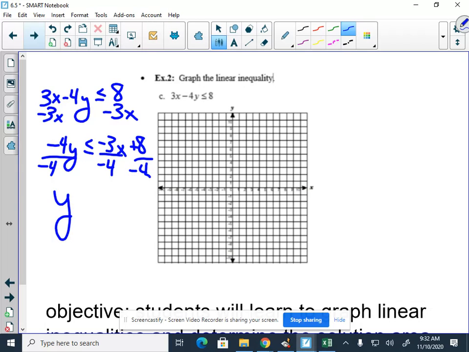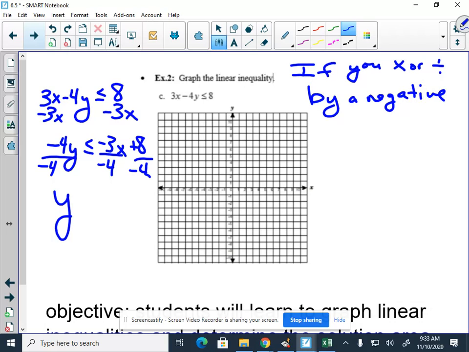Now, there's a rule with inequalities. If you add or subtract, it doesn't change the signs. If you multiply or divide, it can possibly change the signs. If you multiply or divide by a negative, you switch all signs, including the inequality signs.